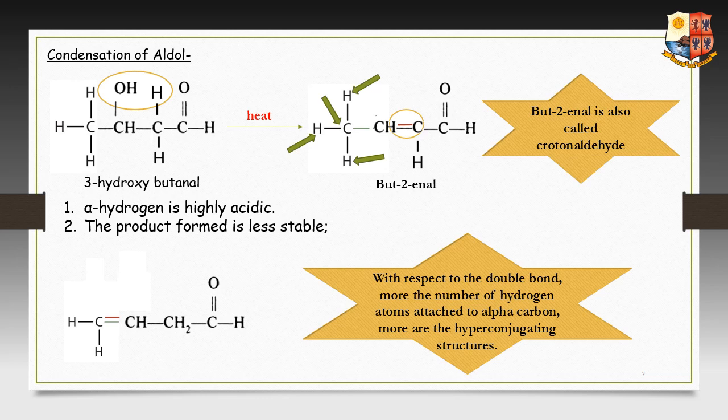And in case of the other molecule, with respect to the double bond, this is the alpha carbon to which only hydrogen atoms are attached. Hence, but-2-enal will have more number of hyperconjugating structures as compared to the other one. Therefore, but-2-enal will be more stable compared to the other product, and hence but-2-enal is the one which is formed.